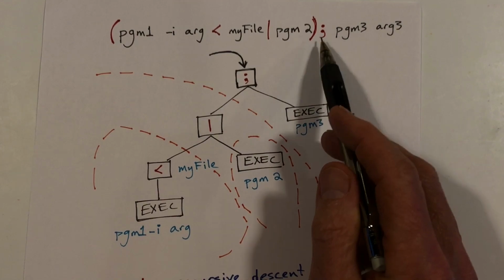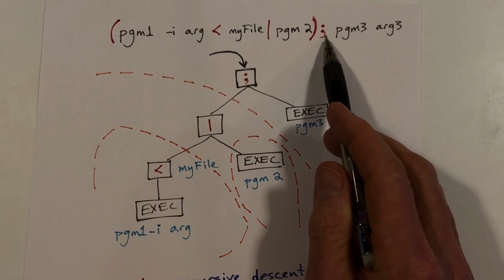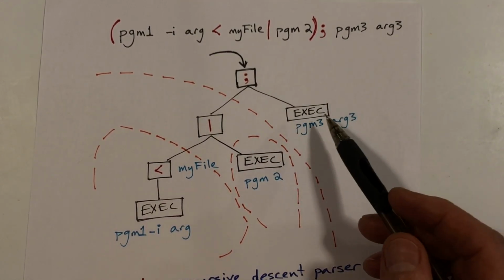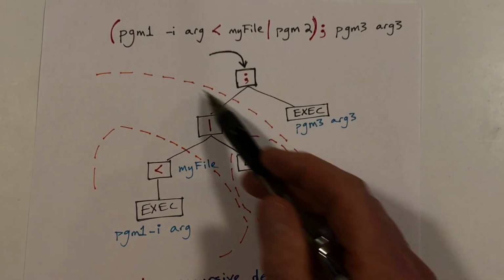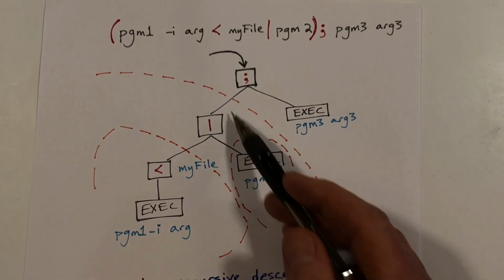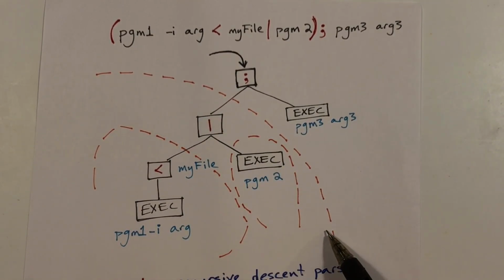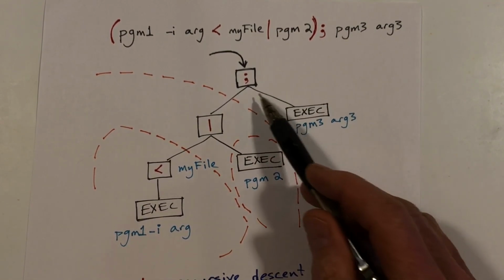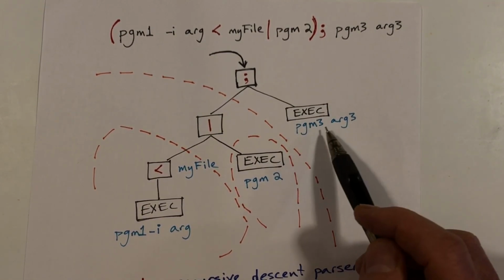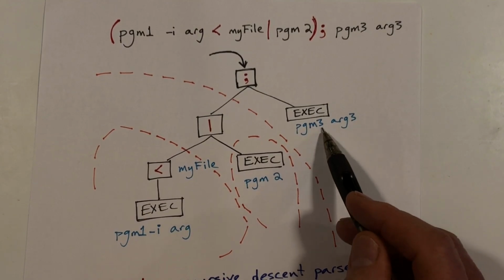So in this particular case, we have sequencing. The shell program will create a child process to do everything in the parentheses here, and that's indicated with this dashed line. After that child process terminates, it will then go on to continue executing, and at that point will execute program 3.